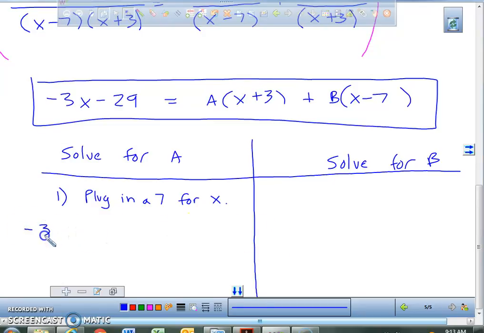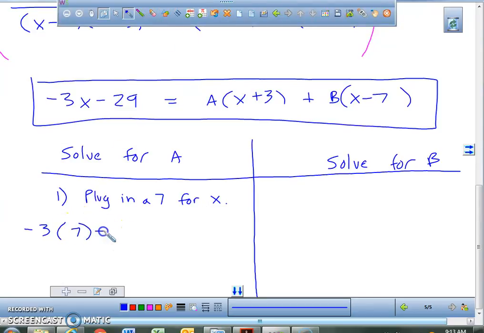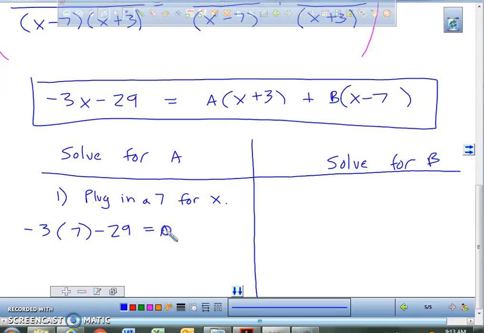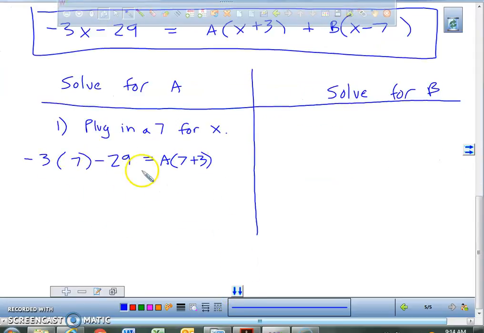Negative 3 times 7 minus 29 equals my A value times 7 plus 3, and I'm done, because look what happens if you plug in a 7 right there. What's going to happen to all of my B value? It becomes 0. So all I did was plug in a 7 so I could solve for my A value.